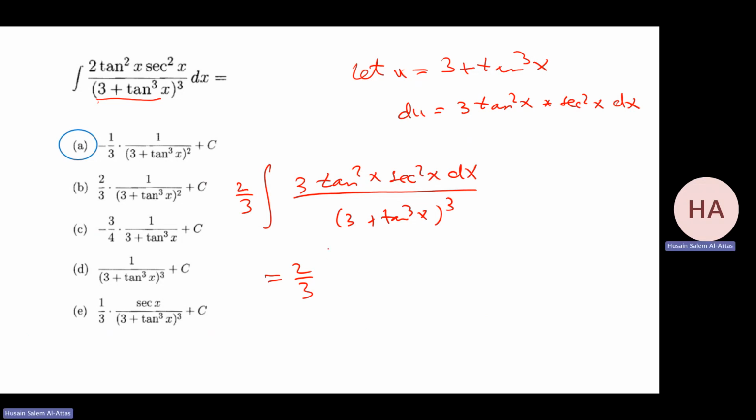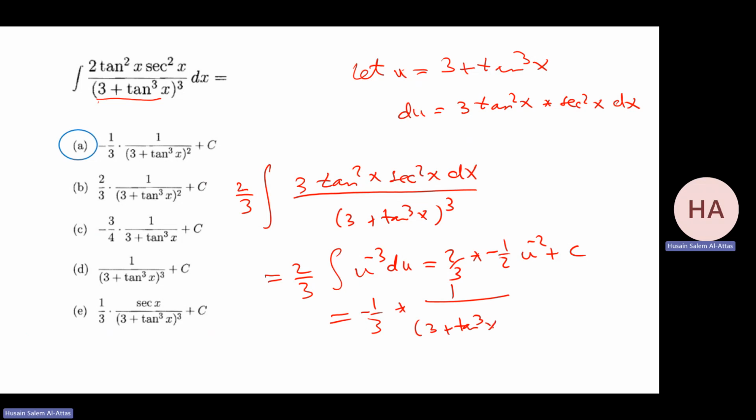What is this? Integral of u minus 3 du, which is 2/3 times 1 minus half u to the power minus 2, plus c. So I have minus 1/3 times 1/(3 plus tan cubed x) squared, which is my u square.